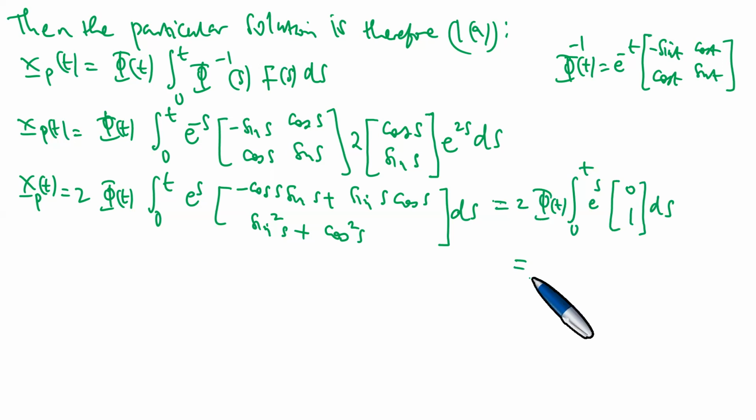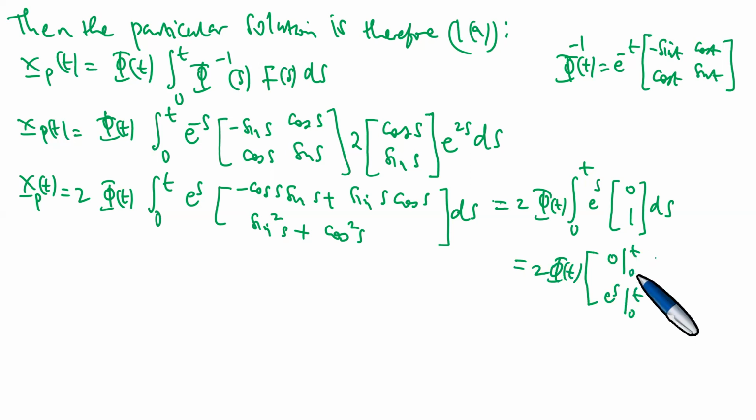Right, what is this? So it's 2 5t. And then we have big bracket. Right, the integral of this one. Okay, first the integral of e to the s becomes just e to the s times 0 becomes 0, and then 0 to t. The integral of e to the s is e to the s times 1, 0 to t. Two phi of t.